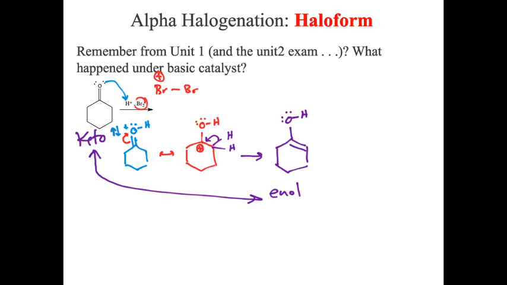What is special about the enol? Those electrons can come back down, making that alpha carbon negative, a nucleophile. So those electrons can now come out and attack our positive bromine.